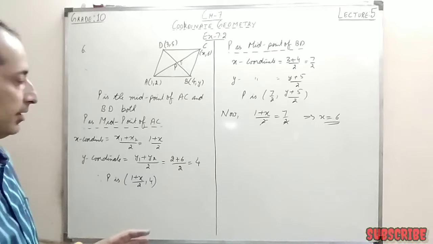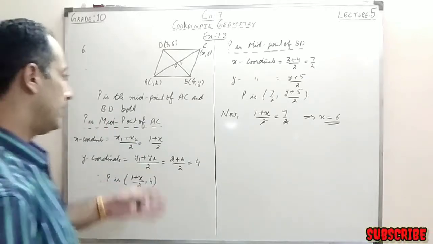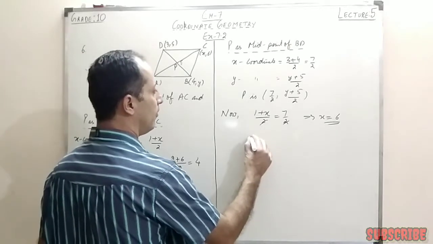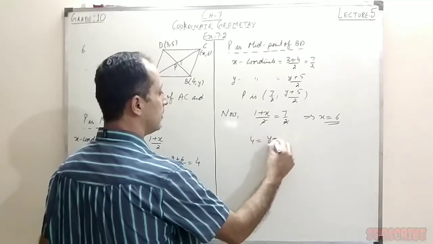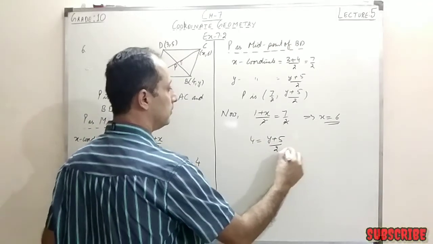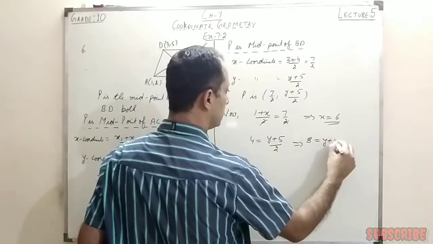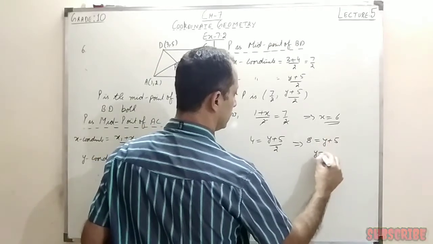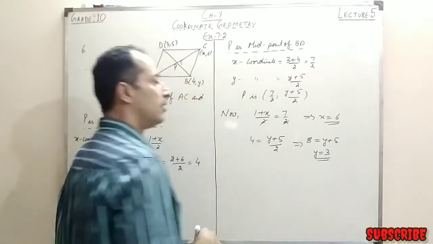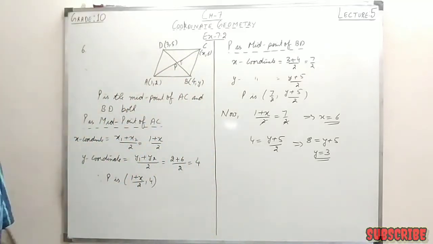They cannot be different because it's the same point. And then we can write for y, 4 equals y plus 5 by 2. So this is how we can find the value of x and y.